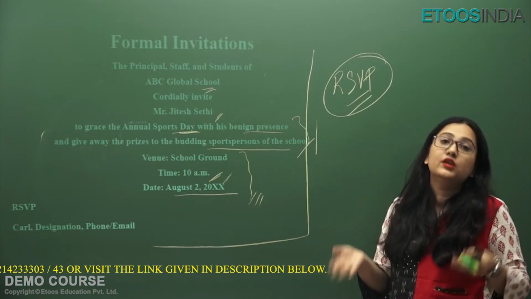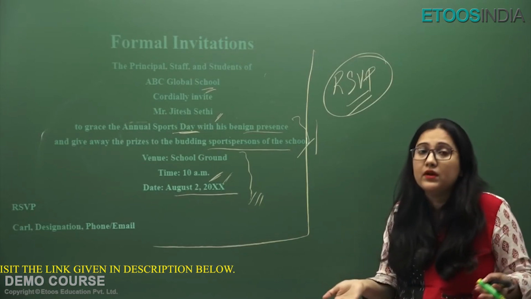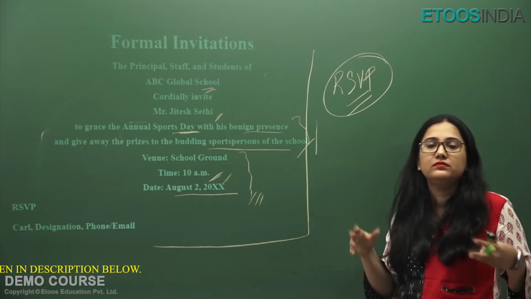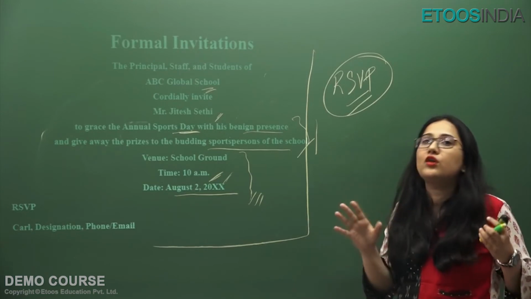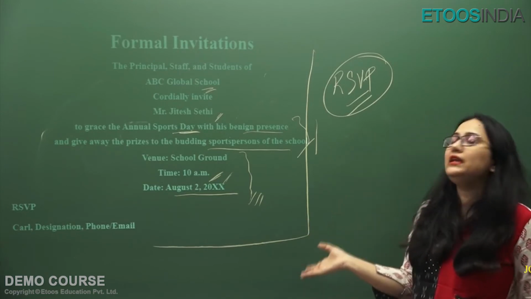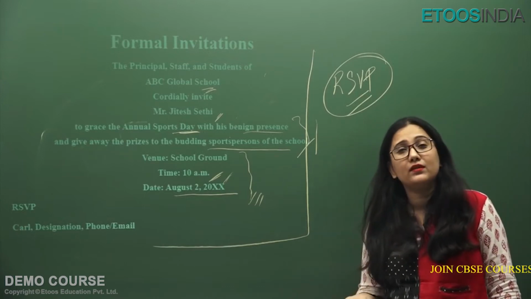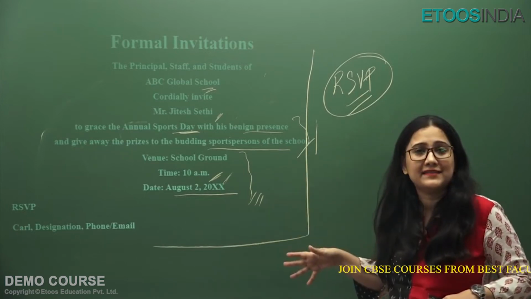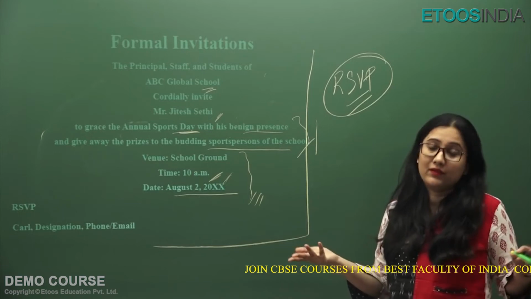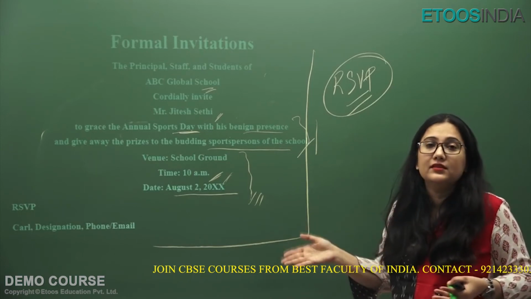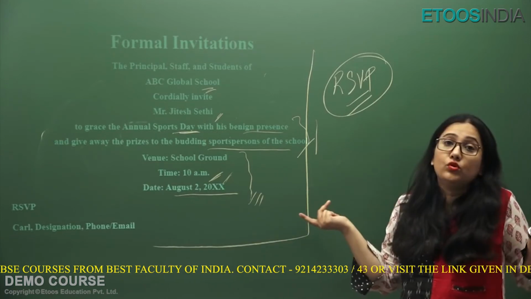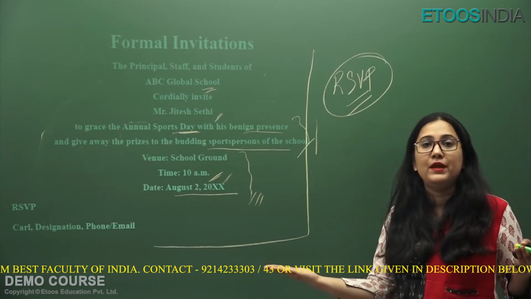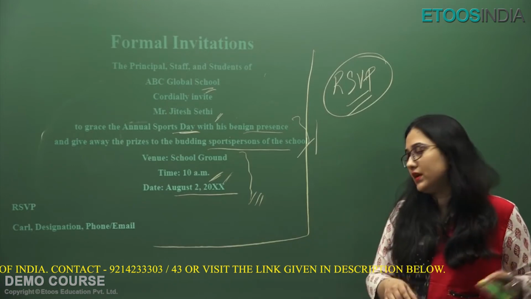Don't write your own number or your friend's number. You can write any kind of number, like 1 2 3 4 5 6 7 8 9, but not your personal numbers. Email addresses have so far not been a part of the CBSE writing, but I don't really mind it. If you are giving your phone number, you can also give your email address. Even though it's not mandatory, you can do that.